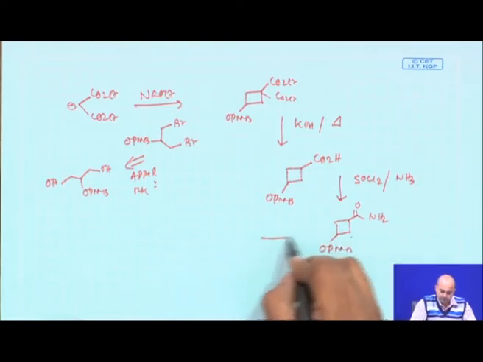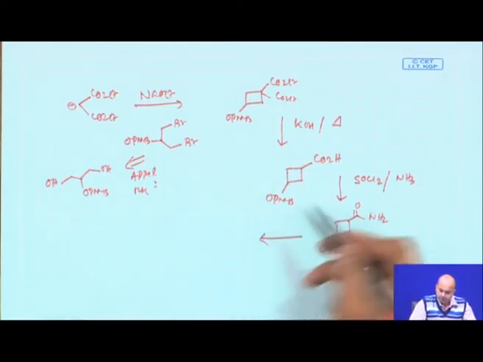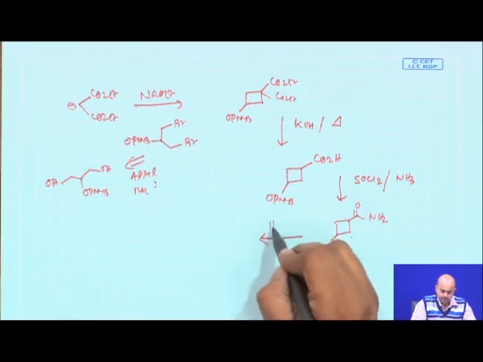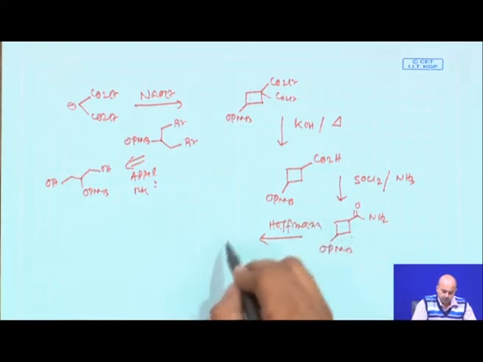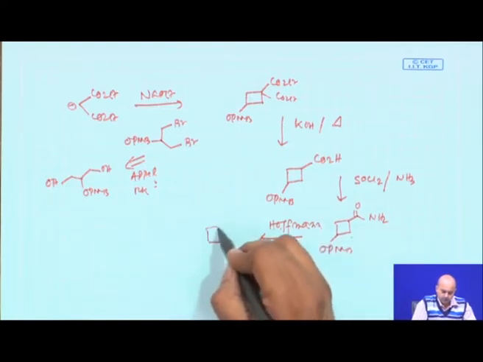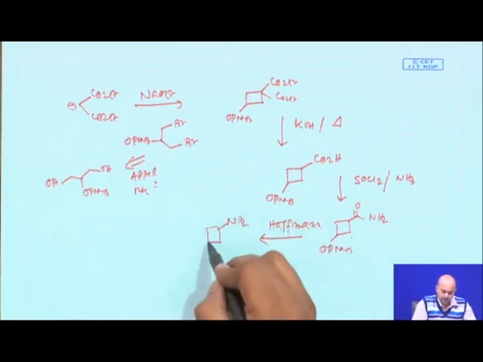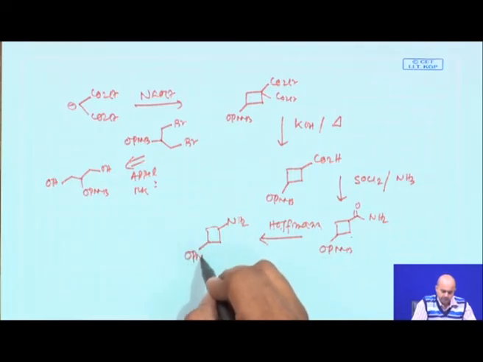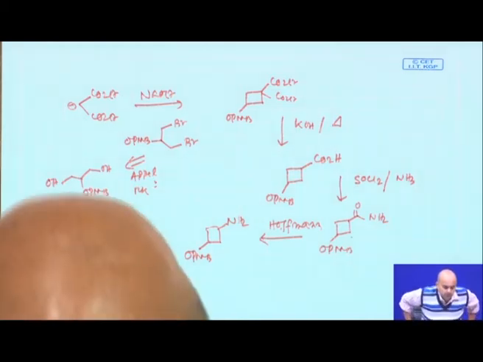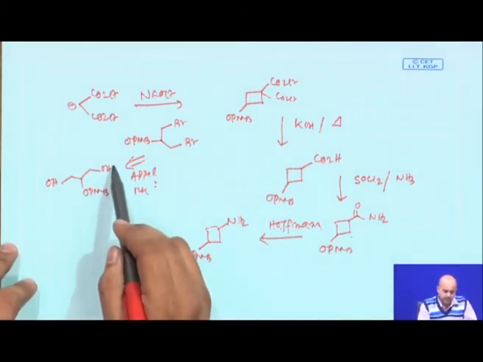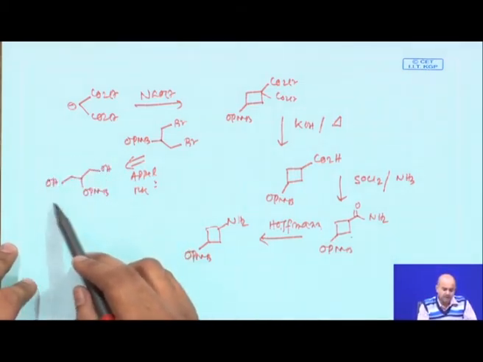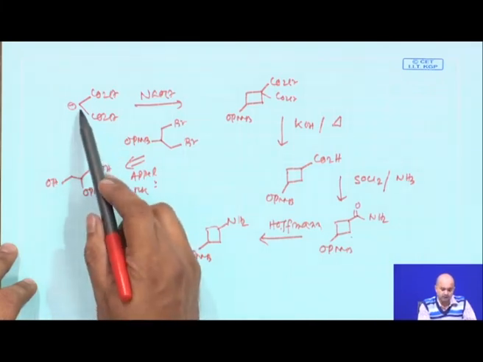You will get that, and then you do the Hofmann rearrangement that will basically give you the corresponding amine. The transformation was very simple, but the appendages which we introduced, the amine appendages, were introduced with the help of diethyl malonate, which basically gives you the 1 carbon.